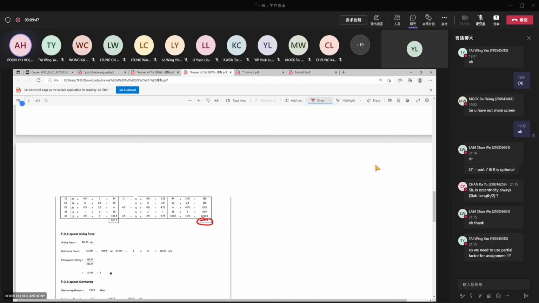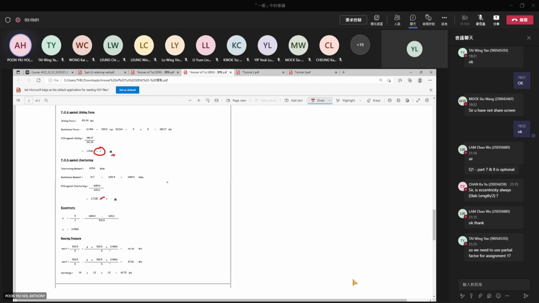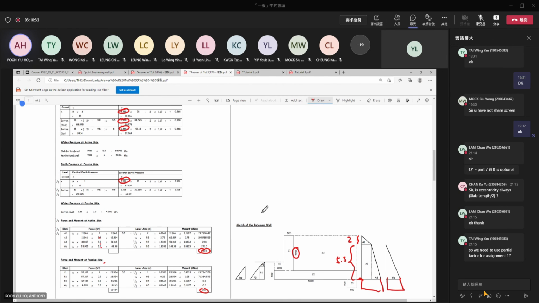So basically the same, but in checking, make sure that the factor of safety, if it's greater than 1, then it's okay. 因為之前我哋 apply 咗啲 factor of safety，it's the same for sliding greater than 1。其他嘢都係咁計啦。So these are the two examples that explain the use of global safety factor and also the partial safety factor.